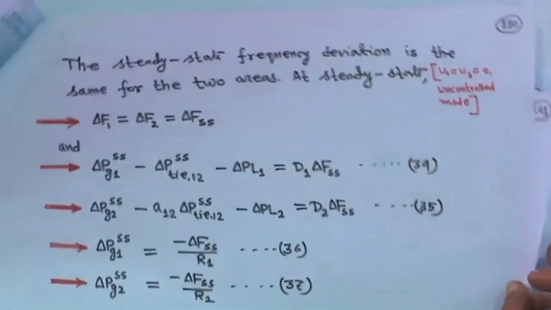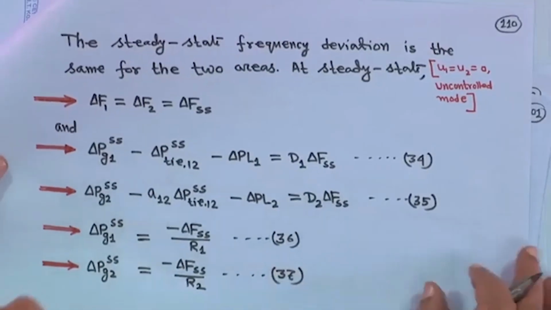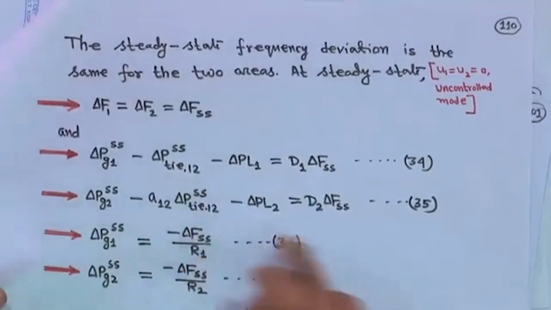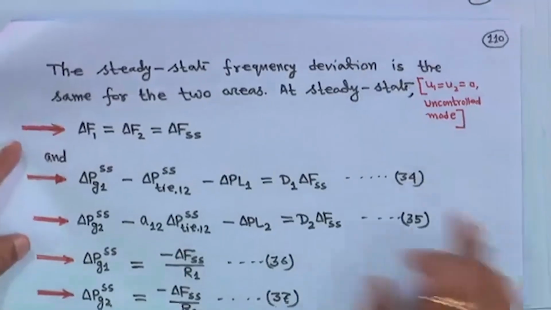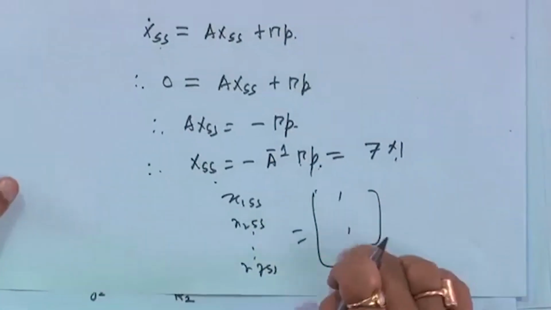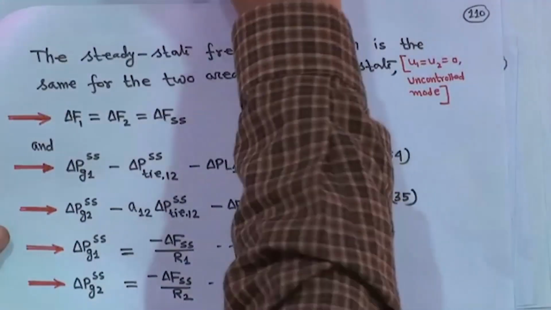Now, I told you how to go for steady state analysis for all the variables. Mathematically we will see from here, as before, the steady state frequency deviation. Here you are directly getting the numerical values, but we have to obtain a mathematical expression for that.